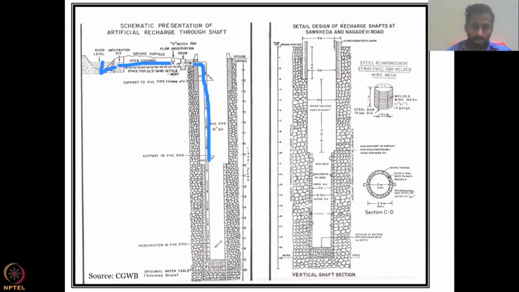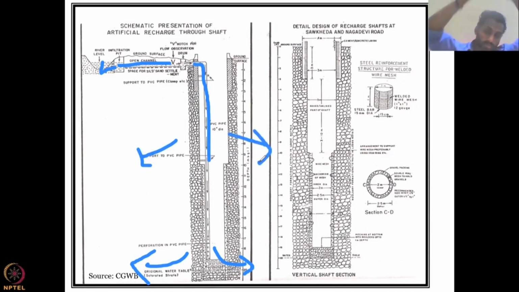Water is coming, look at the arrow marks, and then water recharge happens like this. Water doesn't recharge here because this tube has casing. Actually, a tube itself is a cased tube which runs down, right? So this tube has casing which prevents water from moving or losing out into the shallow aquifers, and most of the water is kept for the deep aquifers.